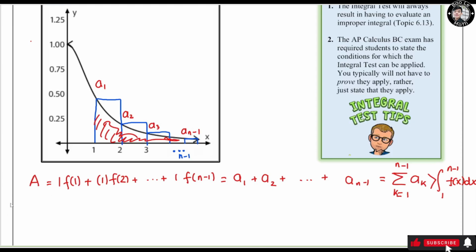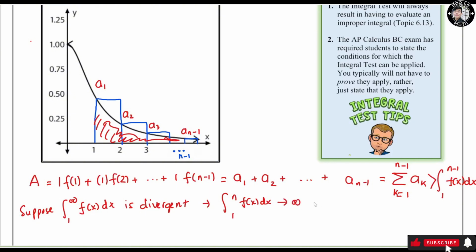Now suppose the integral from 1 to infinity of f of x dx is divergent. It tells us that the integral from 1 to n of f of x dx approaches infinity as n approaches infinity, right?